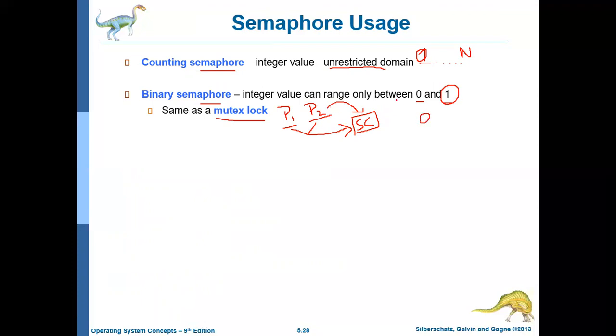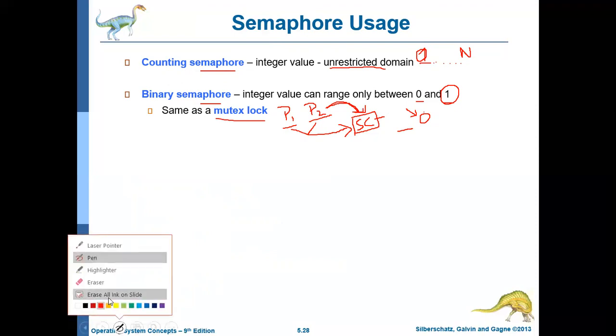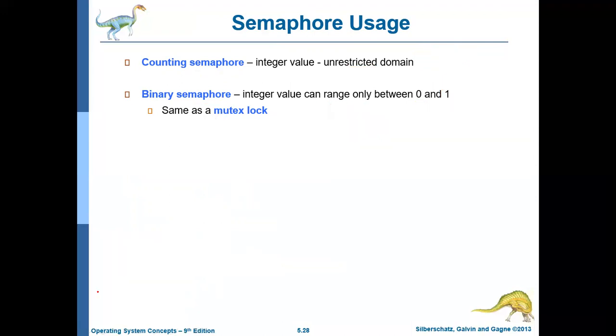Now if P2 comes and checks what is the semaphore value for this particular semaphore associated with the scanner device, it will find it is 0. 0 means somebody is using it, so it will spin lock there, or it will do busy waiting. Okay, so basically we use binary semaphore if there is only one shared resource which has to be shared among more than one process.